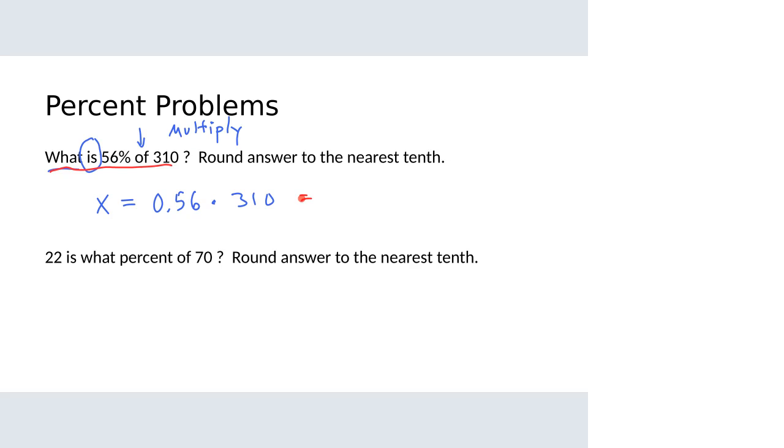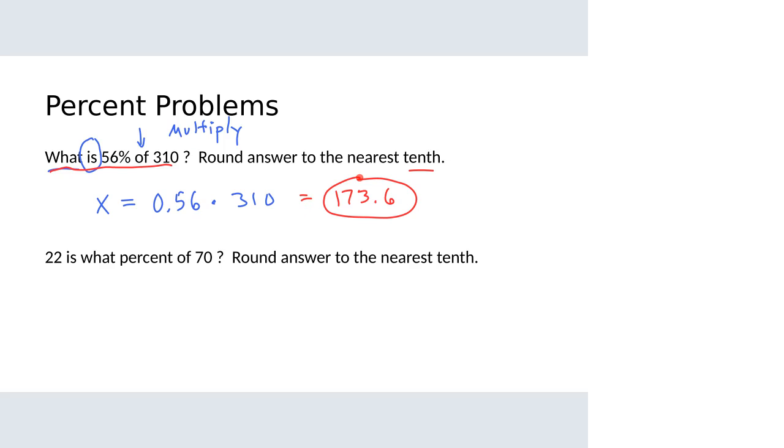That 0.56 times 310 is 173.6. The instruction said round to the nearest tenth. This already is, so it's done. What is 56% of 310? 173.6 is. Let me know if you have any questions on what we did there.